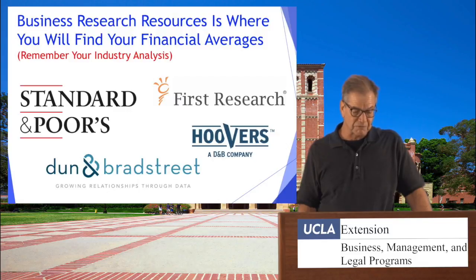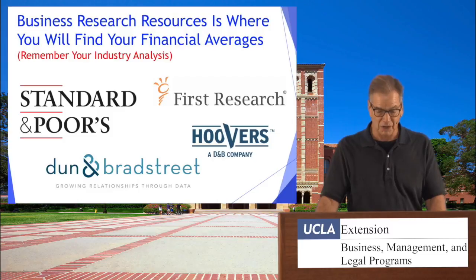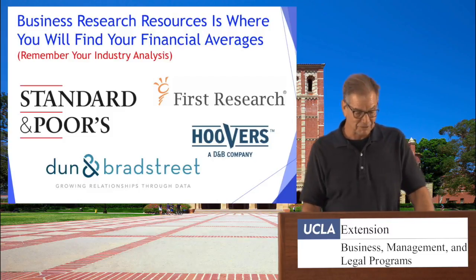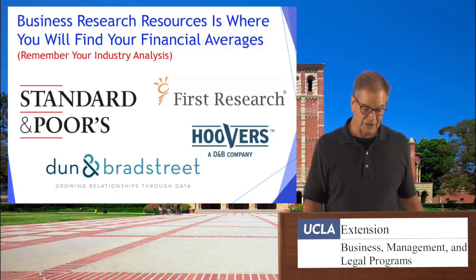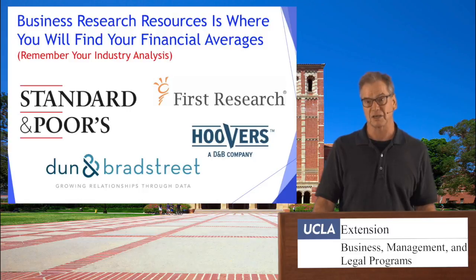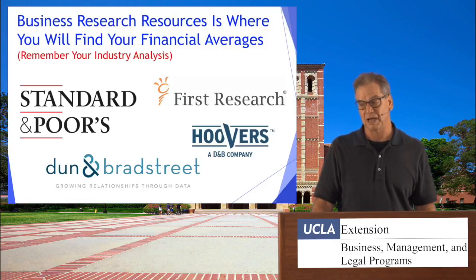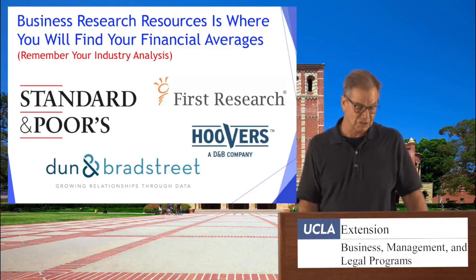I know for a fact First Research charges about a $2,000 annual license fee to access their material. The main people who buy their material are banking organizations, so they can assess applications for business loans, review business plans, and things of that sort.